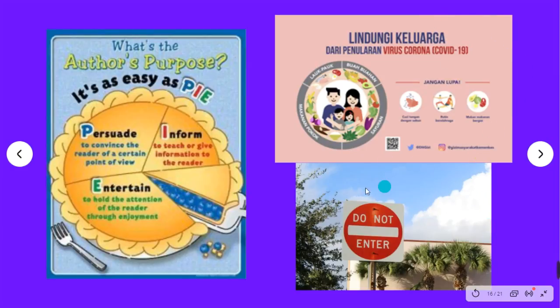And how about the second one? Is this to entertain? Of course not. This is to inform, to give you direction about what you have to do and not to do. So there might be a specific purpose besides this.